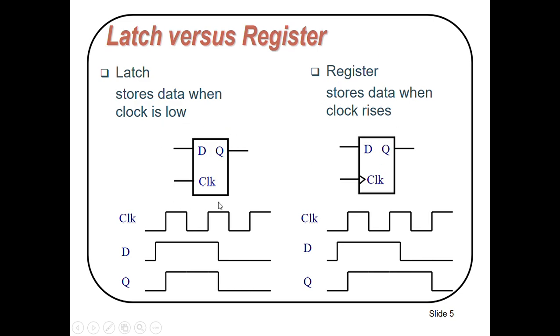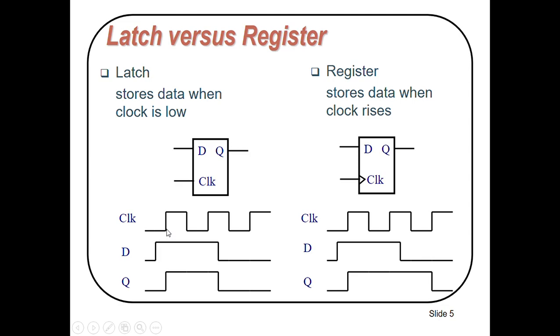So this is a latch and this is a register. Here you can see this is a clock signal, D is input and Q is output.